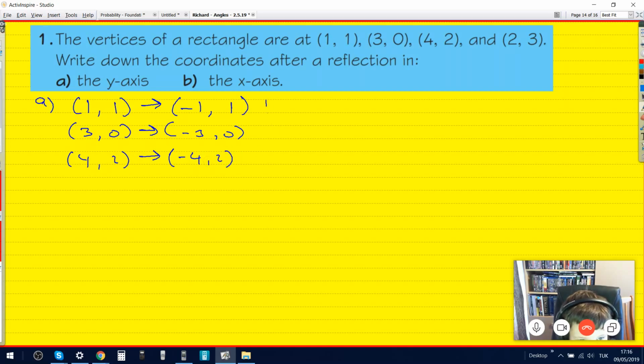How about question B? In the x-axis, the y-axis changes.